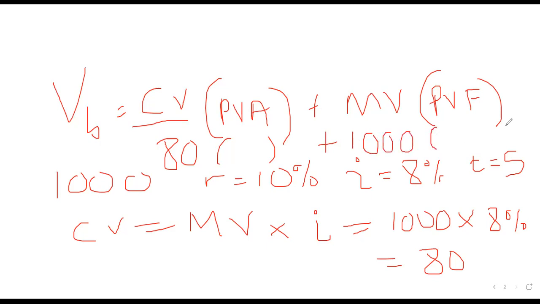Now we need to calculate the interest factor and the annuity factor. So how do we calculate the interest factor? Today we labored hard to explain how the interest factor is found.